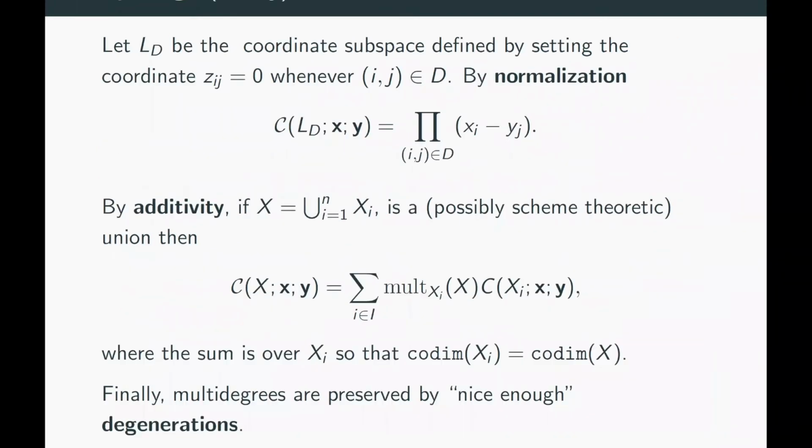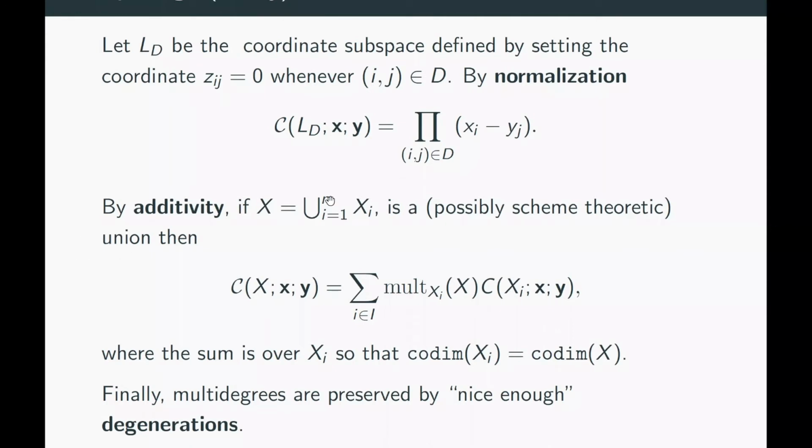Okay. So how do we actually compute this thing? There's sort of a recipe that's characterized by 3 axioms. And so normalization basically says that multi-degrees of coordinate subspaces are easy. We're just going to take a product of binomials over the variables that we zero out to form that coordinate subspace.